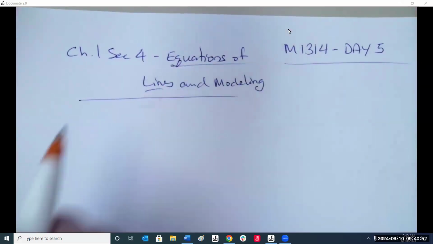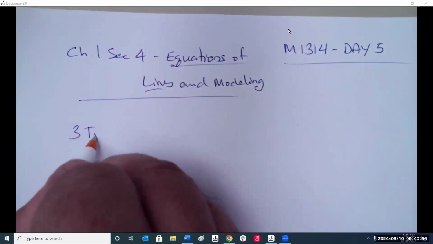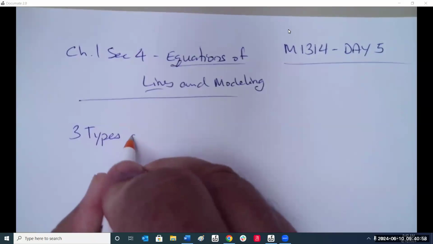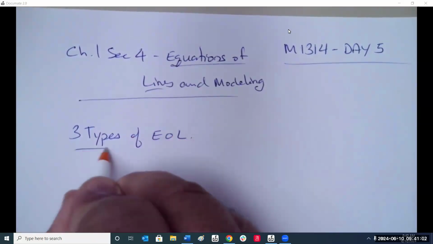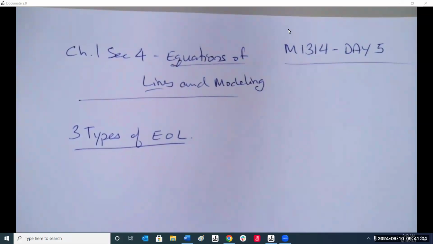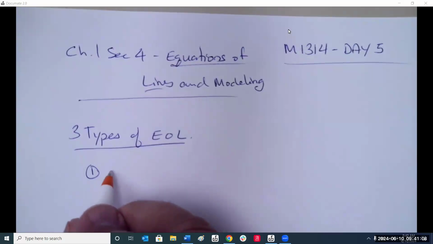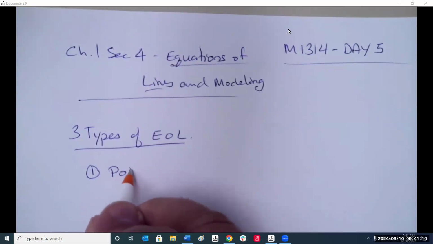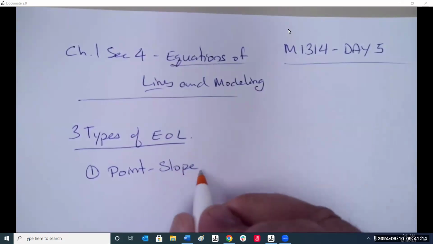Equations of lines. There are three types of equations of lines, or three forms. There's the point slope form.